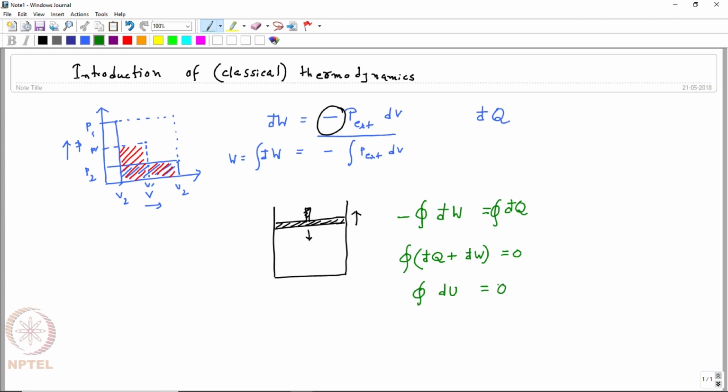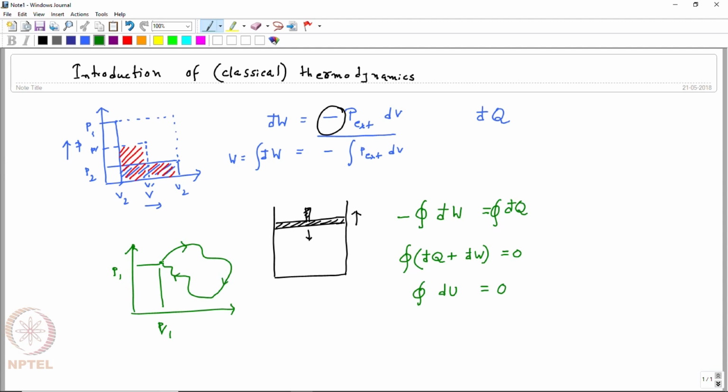Now cyclic integral means you started from a particular state of the system and you are coming back to the same state. Like in the PV diagram, we can show what a cyclic integral is. Suppose this was my original state, P1 and V1, and then I traverse some path, and finally I come back to the same original state.